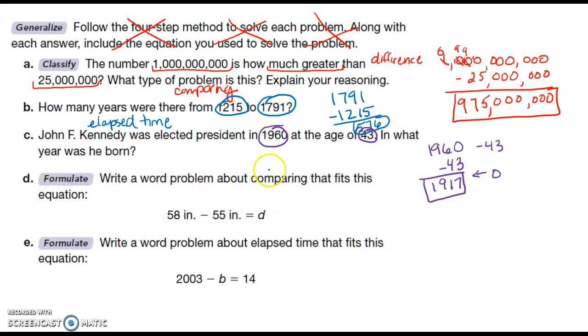D. Write a word problem about comparing that fits this equation. 58 inches minus 55 inches equals D. Let's see. Coach G wants a 55-inch poster.